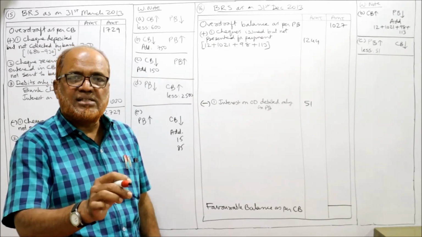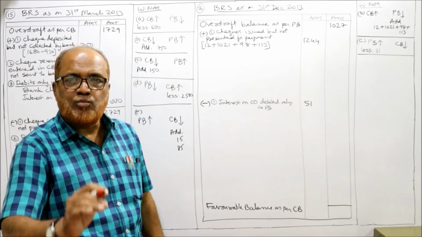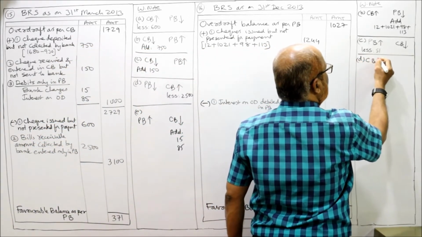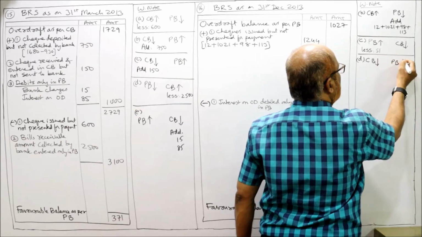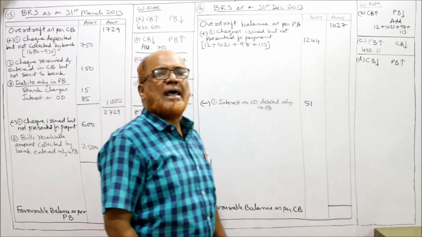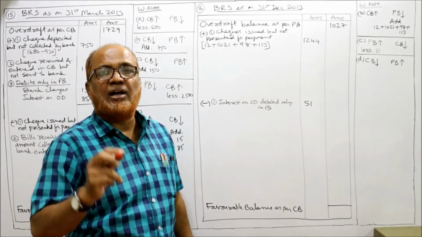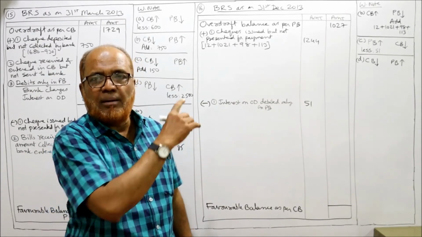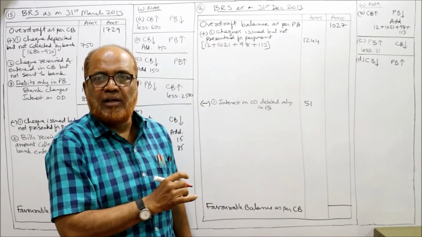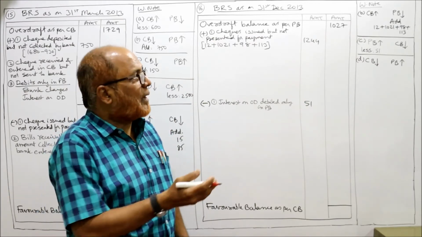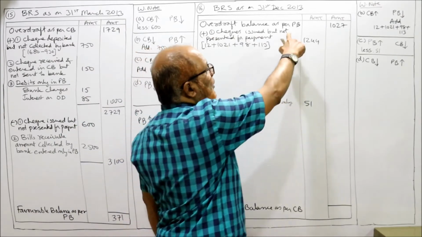So as soon as we receive and enter in the cash book, our cash book overdraft will come down. Passbook overdraft, still it is showing more balance because these checks were lodged with the bank on 3rd of January. We are making the BRS on 31st December. So as on 31st December, it was not lodged with the bank. So passbook quoting more.